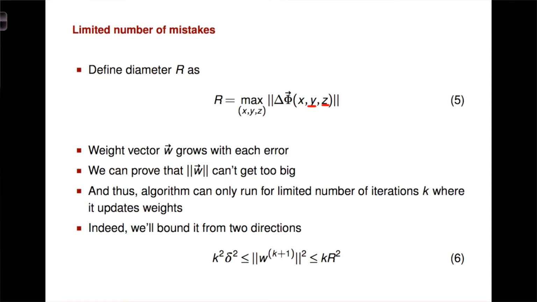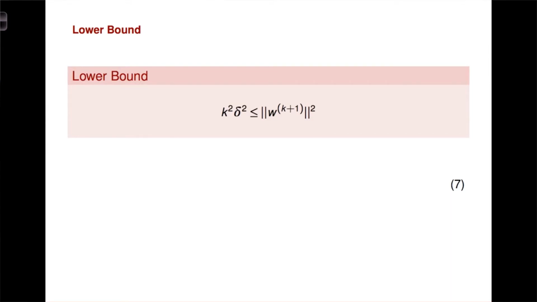We'll bound it based on the minimum separation between a wrong answer and a right answer, and the maximum separation between a wrong answer and a right answer. And once we have both of these inequalities proved, we'll be able to solve for the number of mistakes that we make.